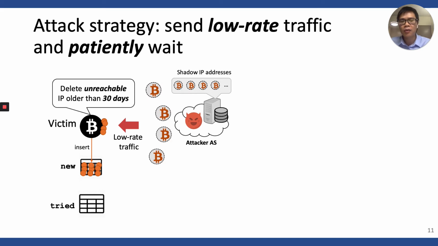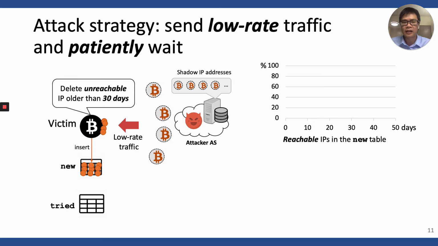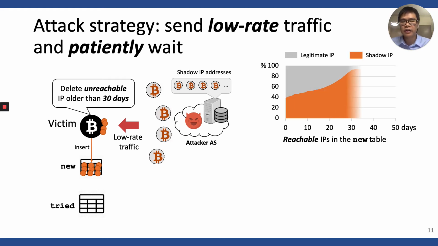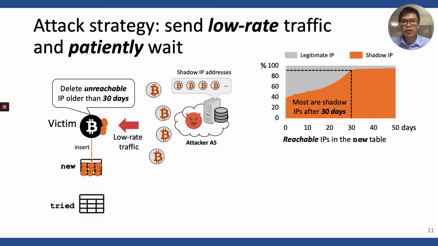Let us show how shadow IPs dominate the reachable IPs via the plot on the right-hand side. The x-axis here indicates the number of days since the attack started, and the y-axis indicates the ratio of reachable IPs. The orange color here indicates the shadow IPs, and the gray areas indicate the legitimate IPs. As you can see, the shadow IPs dominate the reachable IPs after 30 days because by then, shadow IPs have replaced many unreachable peers in this table.